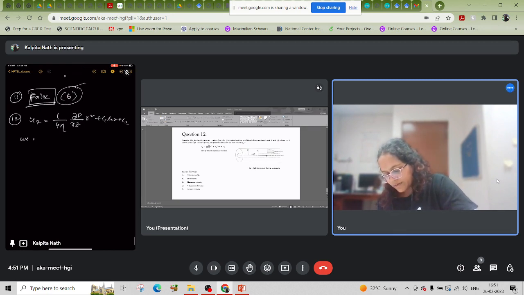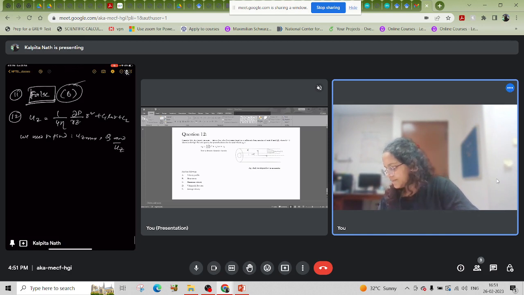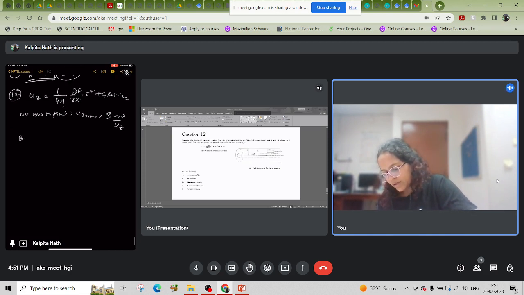We need to find u z maximum, Q, and u z bar, that is the average velocity. The boundary conditions are: u z is equal to 0 at small r equal to kappa R, and u z is equal to 0 at small r equal to capital R.